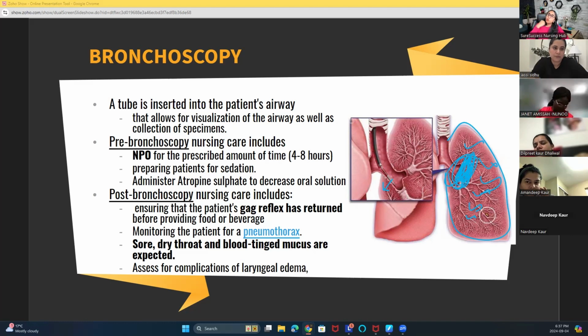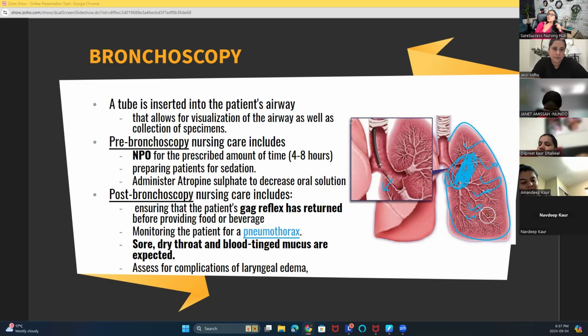When I have inserted this big pipe into your throat, don't you think you're going to have pain after the procedure? Yes, you are going to have pain in the throat, which means sore throat. So don't automatically start thinking, oh my God, infection, bacteria. Sore throat is expected. Dry throat is expected. We have given atropine.